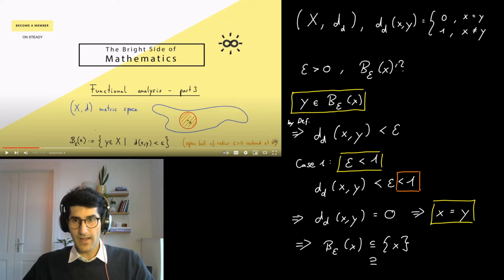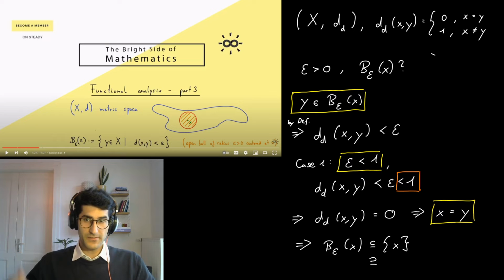So what can we say now? The epsilon ball of x with respect to the discrete metric, if epsilon is strictly smaller than 1, equals the singleton set. So it's a little bit counterintuitive, but the epsilon ball is not a ball, it's just a singleton set.